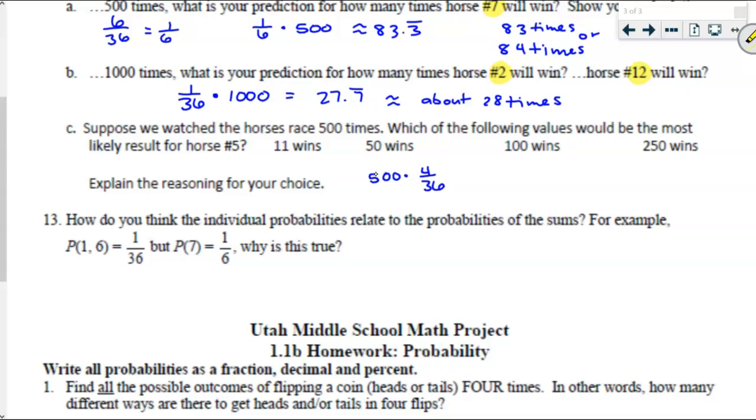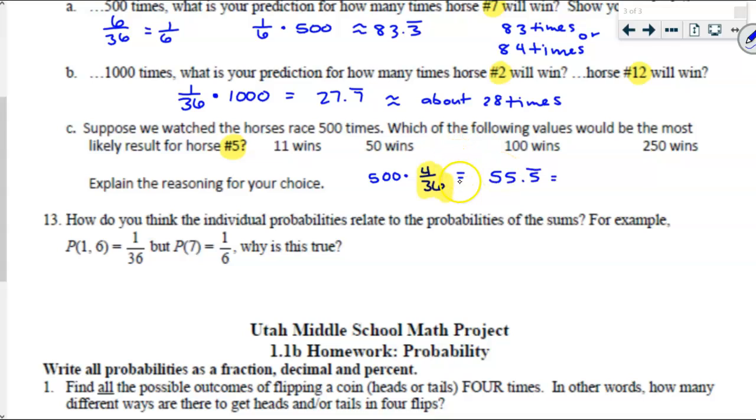Great. Where did this 4 over 36 come from? Great. That's the theoretical probability for horse number 5. So using the theoretical probability, we multiply it by the number of races that we have. And tell me what you got. You got 55, you said? 55.5 repeating.